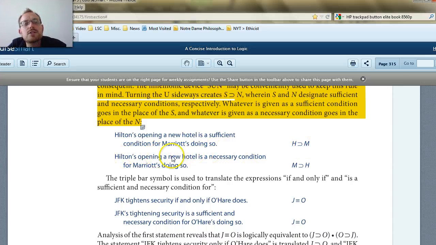What if they say Hilton's opening a new hotel is a necessary condition for Marriott's doing so? Now think about it. Once we actually look at the example, it starts to make a little sense. Marriott is only going to open the hotel if Hilton does it, which means that what has to take place first is not Marriott, but Hilton.